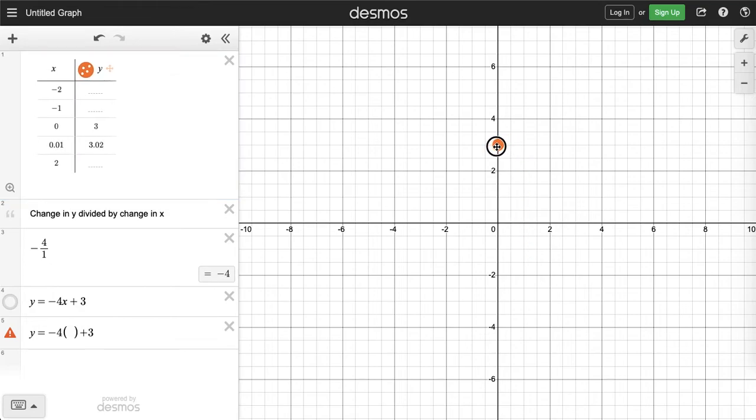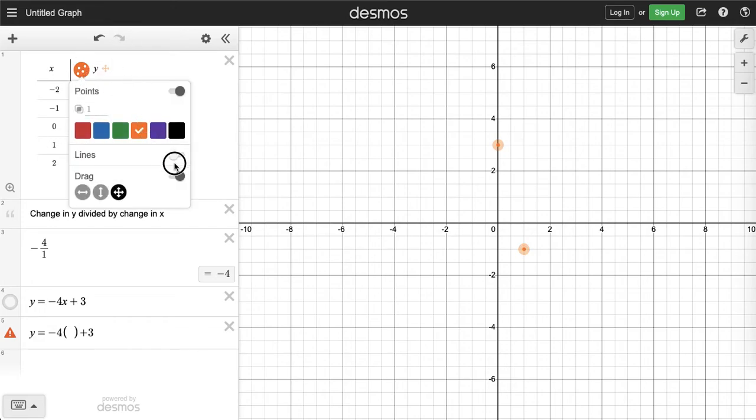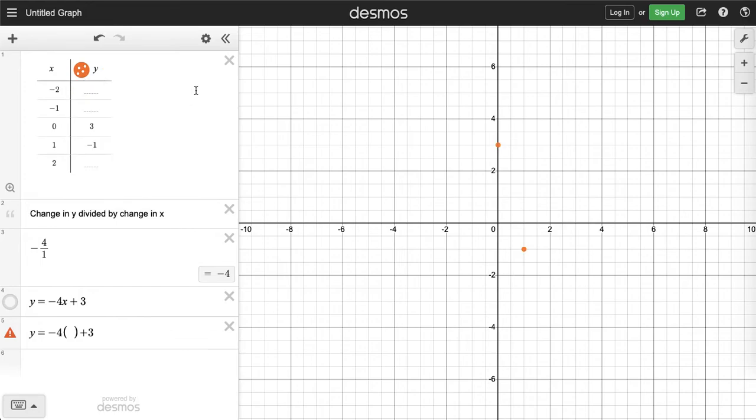If I have my point here where it was at 0 and 3, I'm going to move 1 to the right and then move 4 down. So there's 1, 2, 3, 4 down. Okay, so that's how I move from one to the other, is we move 1 right and 4 down.